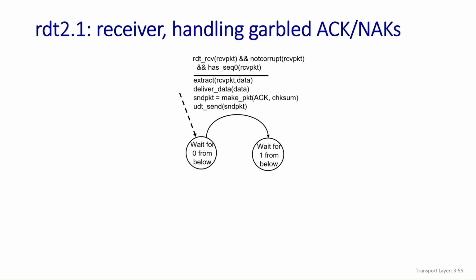So if we receive a packet, this is the event that will result in this transition. If a packet is received and the packet is not corrupt and has sequence number 0. Now here, this is very important.